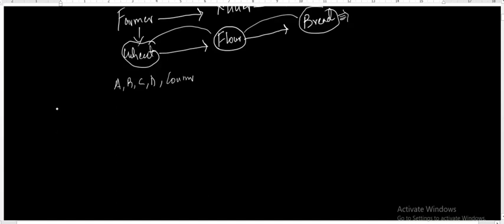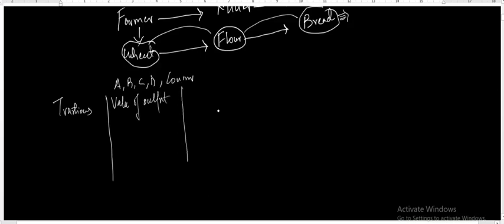Say we note down the transactions. Then we will see the value of the output at each level, and then we will talk about the value of the input, and then the value added approach.